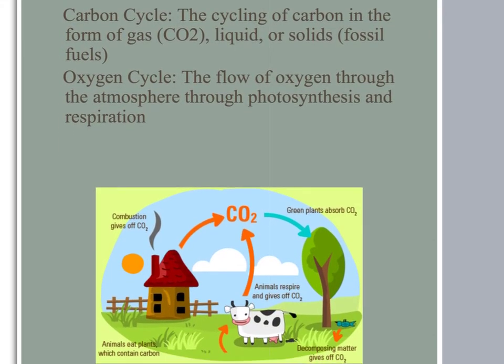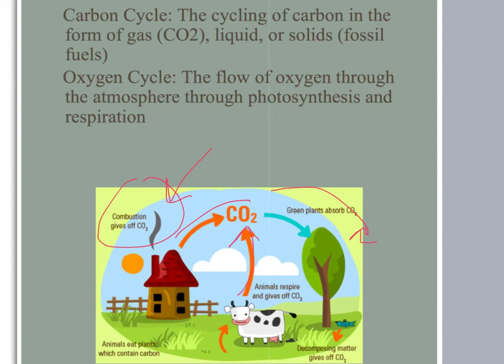Next we have the carbon cycle. Now, carbon comes off as combustion. This is coming out of a chimney, but oh boy, did we get that out of our cars. That carbon is going to be in the air, and plants need that carbon for photosynthesis.